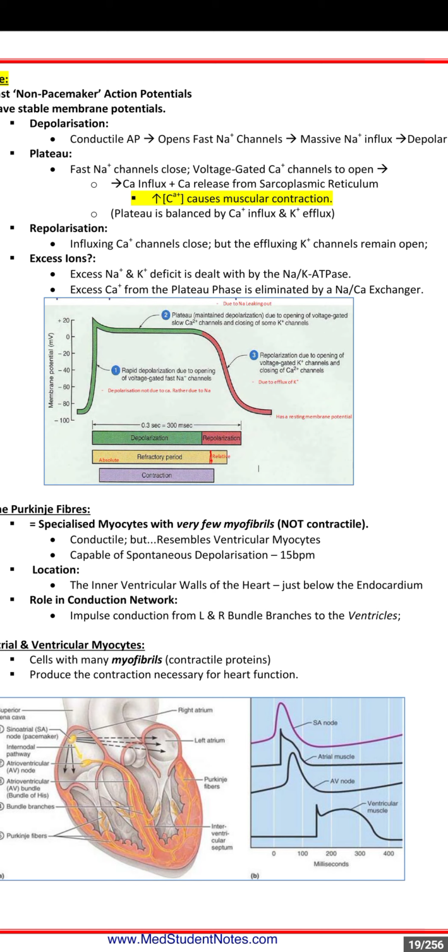After the influxing calcium channels close and the effluxing potassium channels remain open, these potassium channels cause the repolarization, and the muscle contraction ends here.